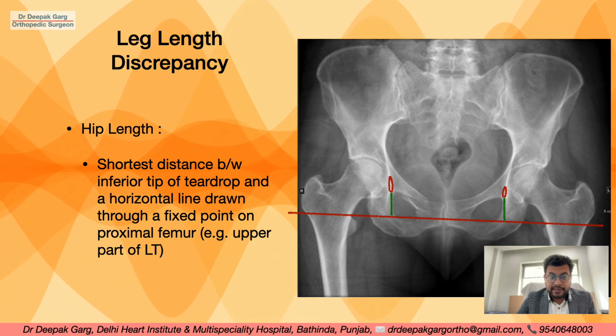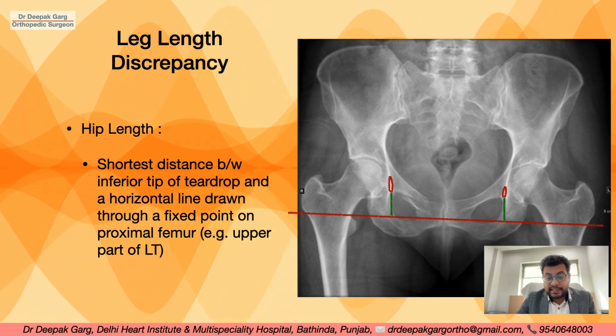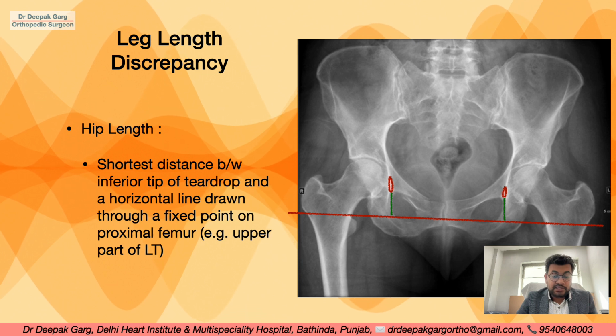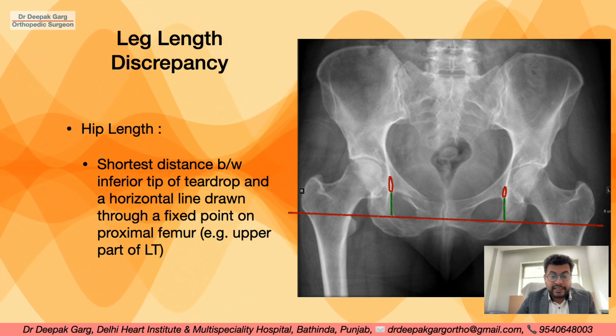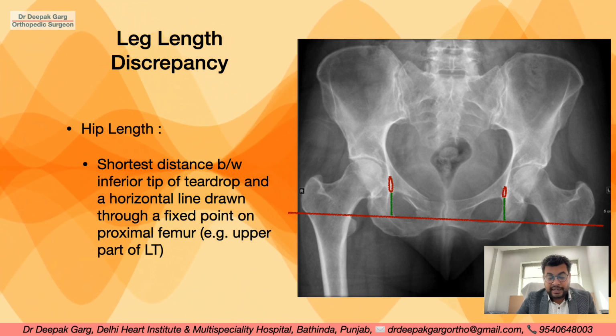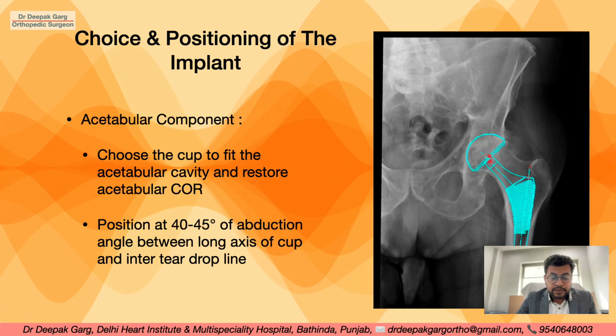This way we will calculate the leg length discrepancy, and then in our planning we will calculate how much lengthening we need to give, and we will be able to maintain the leg length post surgery or intraoperatively.